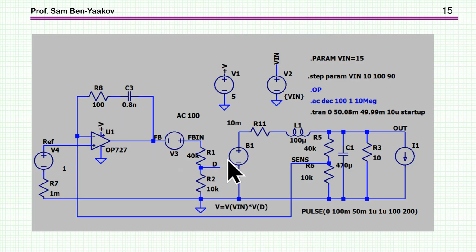So to demonstrate this, I've set up what you might call a hybrid average model of a synchronous buck converter. In this case, I have this output section, L and C, and then I have the error amplifier. There's some phase compensation here. I'm generating a signal, which is the duty cycle.